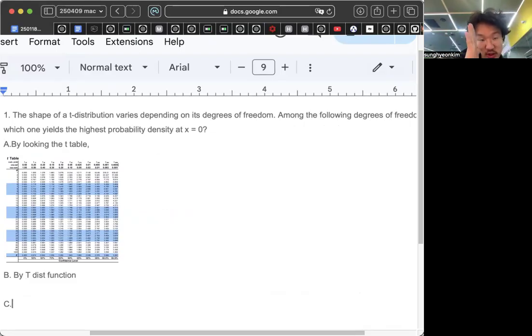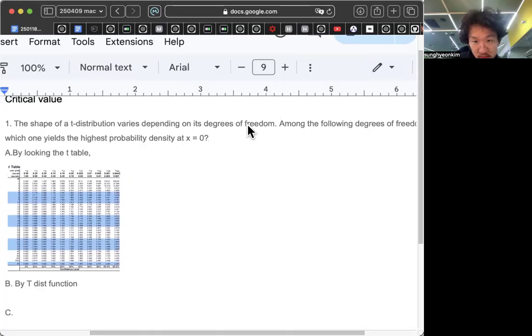The normal distribution is symmetric, and at x equals 0 it has the highest density. So if someone asks which has the highest probability density at x equals 0, it will be the largest degrees of freedom.